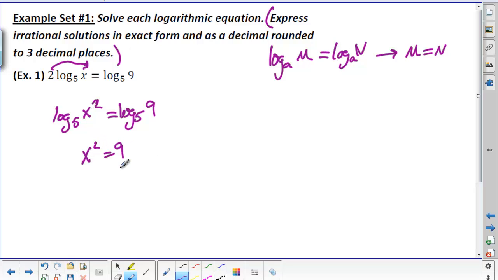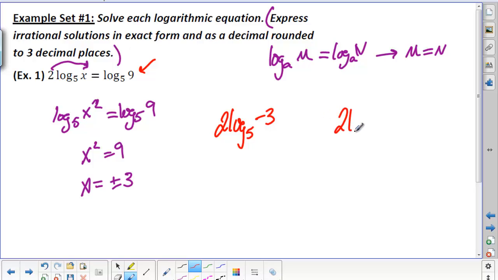We get x squared equals 9, and from that we know that x could be positive or negative 3. Both of those can be squared to get a 9. Both are solutions to x squared equals 9, but are both of them solutions to our original equation? If you look at 2 log base 5 of negative 3 and 2 log base 5 of positive 3, this one's good, this one's not.